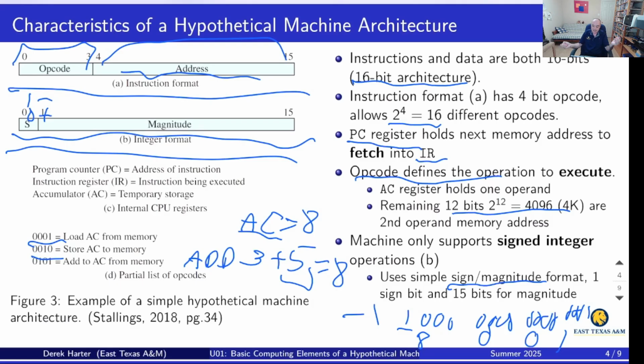Okay? And so we could represent a +1. A +1 simply has a 0 in the sign bit, right? And then zeros for everything else except for the last bit for the magnitude.